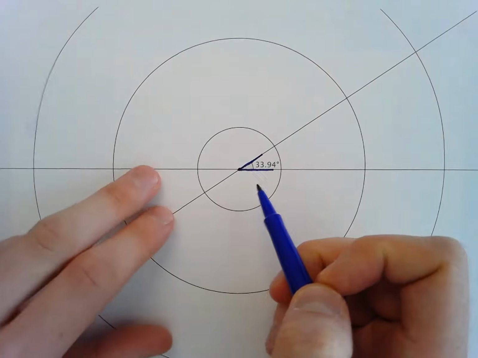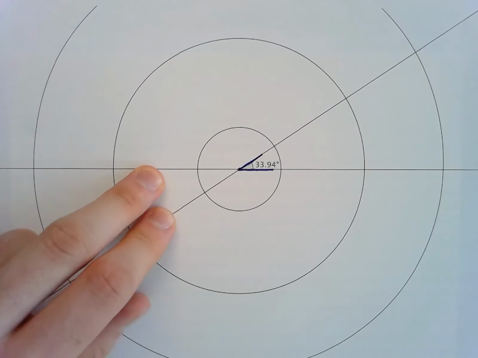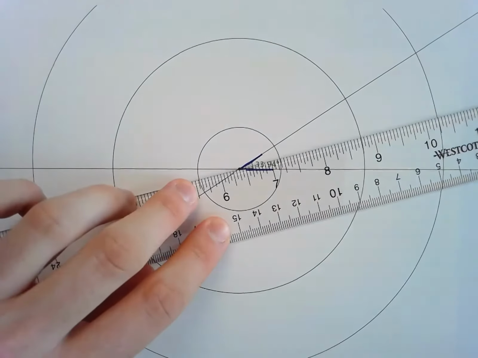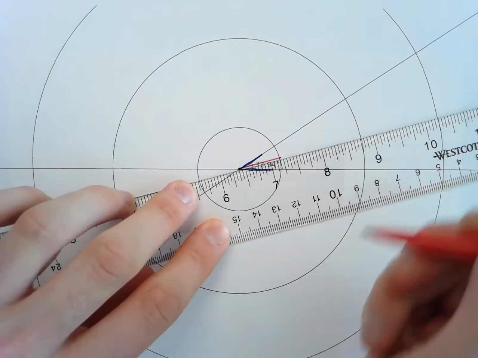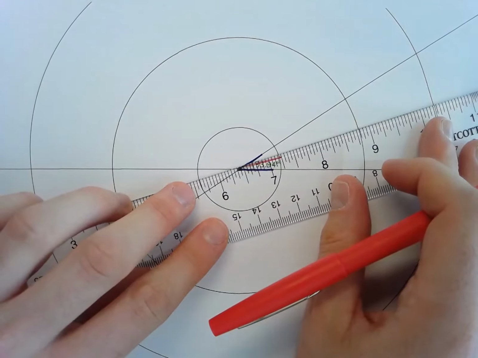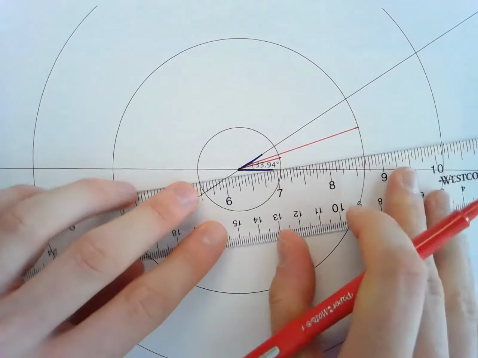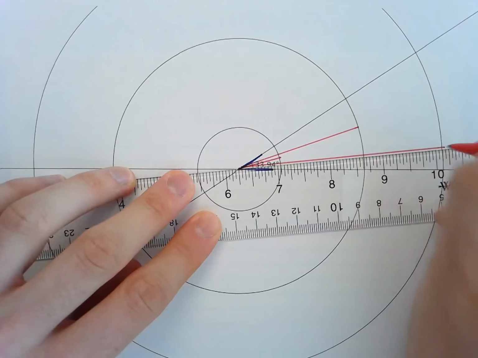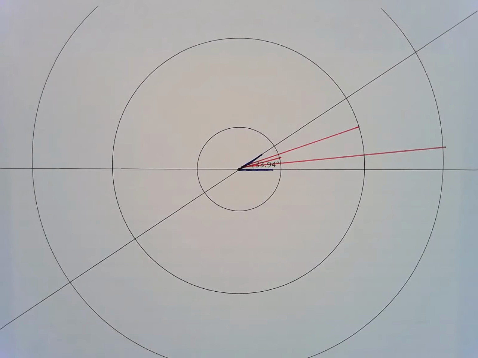But if you notice, it does not matter which circle I'm talking about, if I'm going from there to there, or from there to there, or going all the way out to the big circle, they're all the same size.